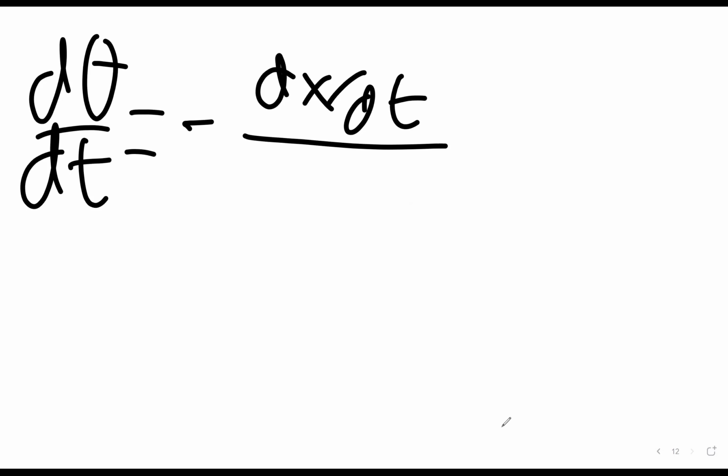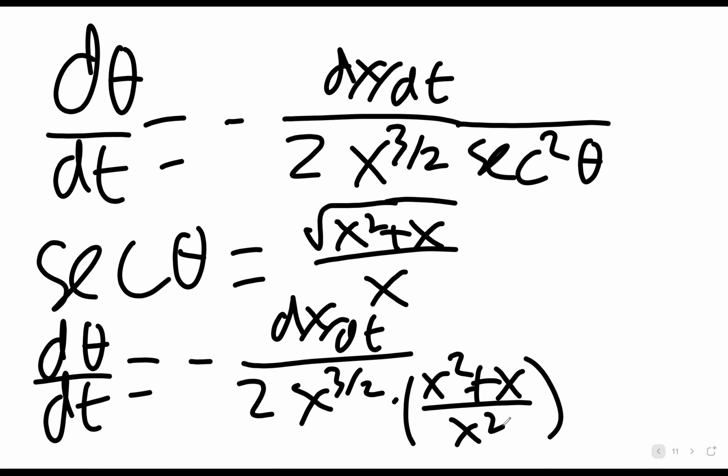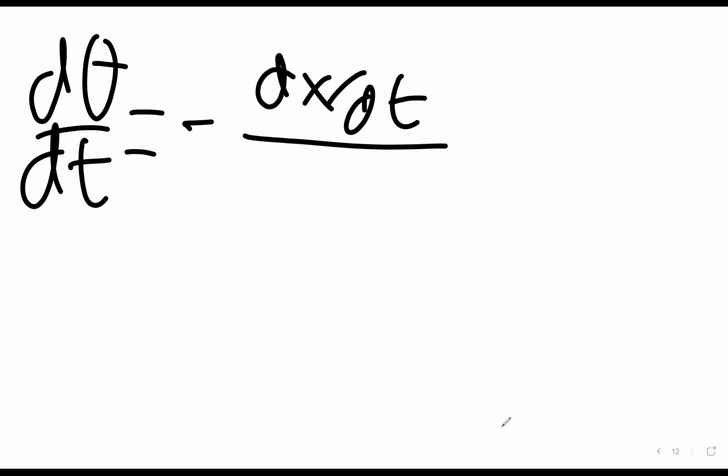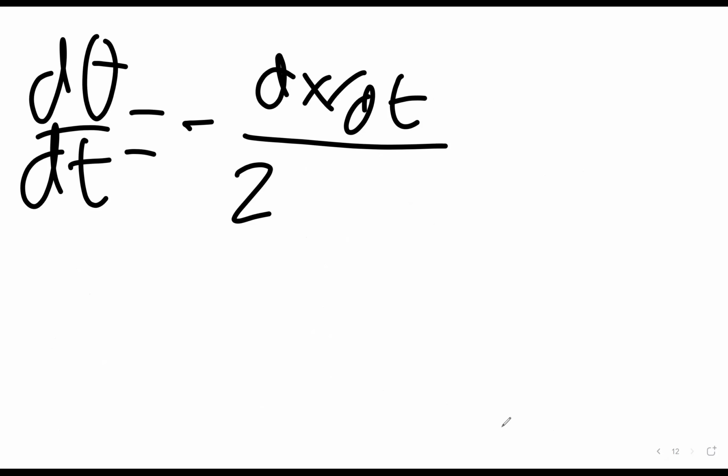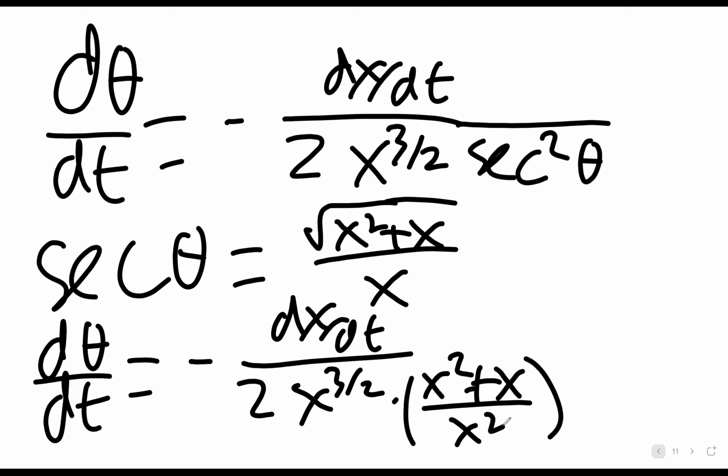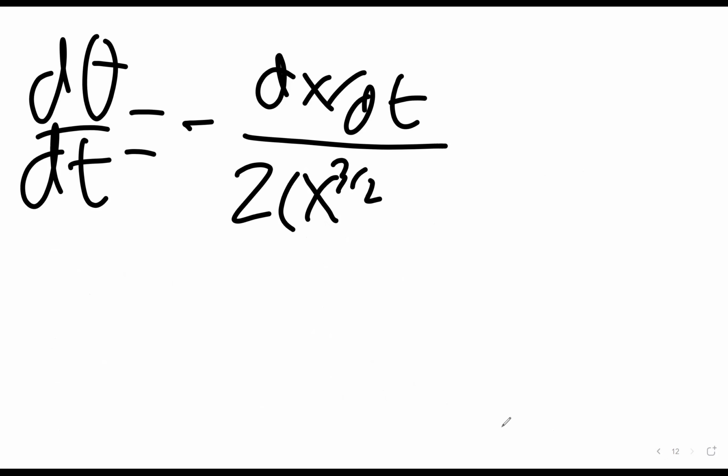So that will be 2 times, x to the power 3 over 2, right? Plus x to the power half.